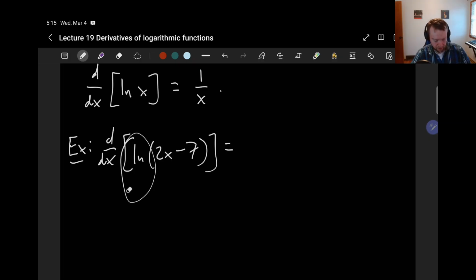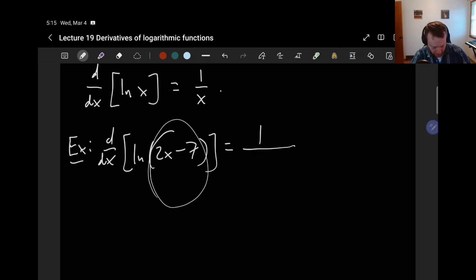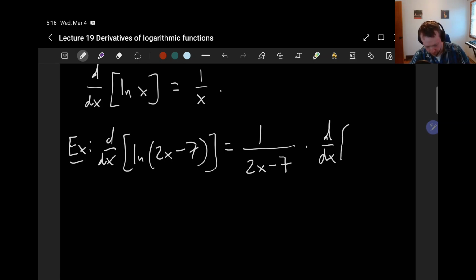So treating the outside first, the derivative of natural log of just x is 1 over x. So we get 1 over, well, not x in this case, but this whole input. But then, by chain rule, you have to multiply by the derivative of that input.